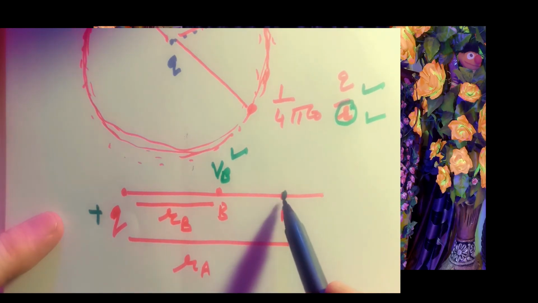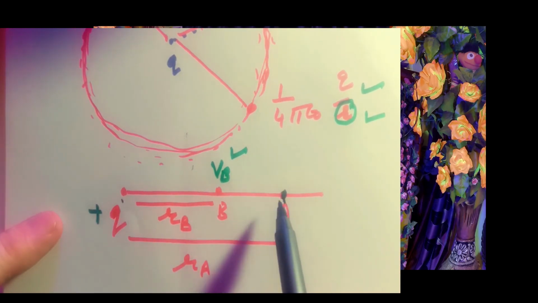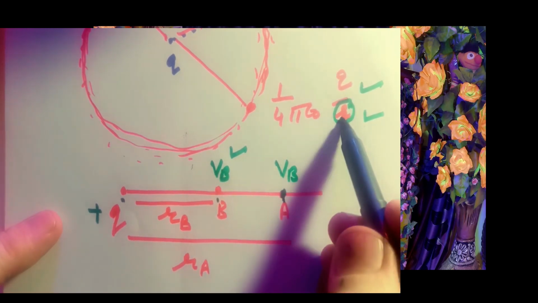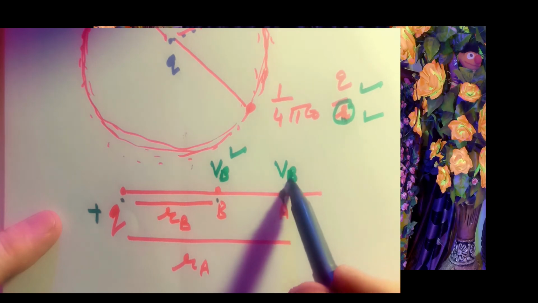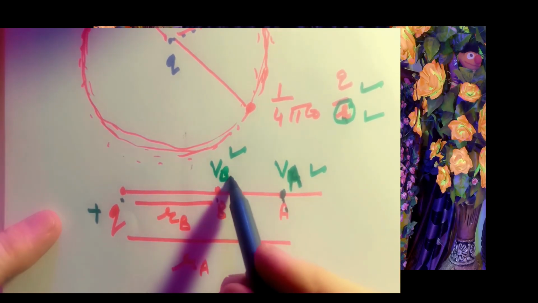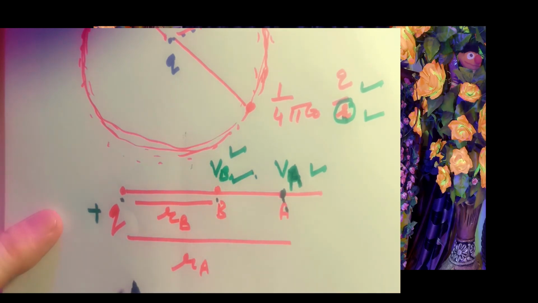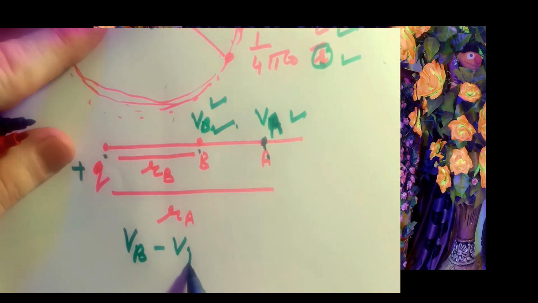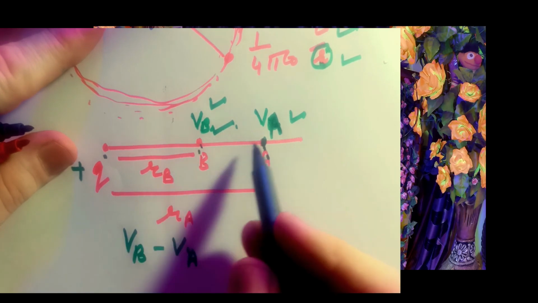And because the distance of A is greater than the distance of B, if distance is greater, potential will be less. So here the potential is less and here the potential is more. Then what is VB minus VA? VB minus VA means potential difference between B and A.